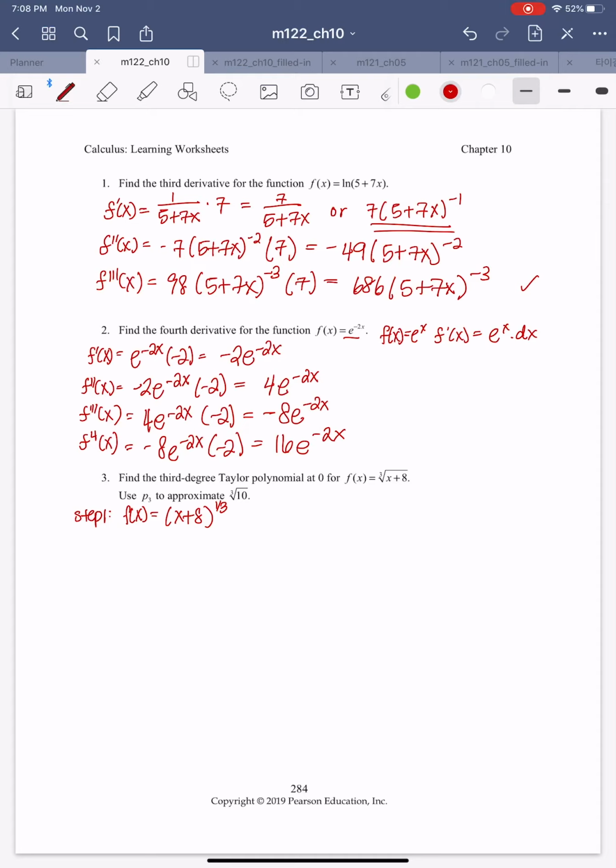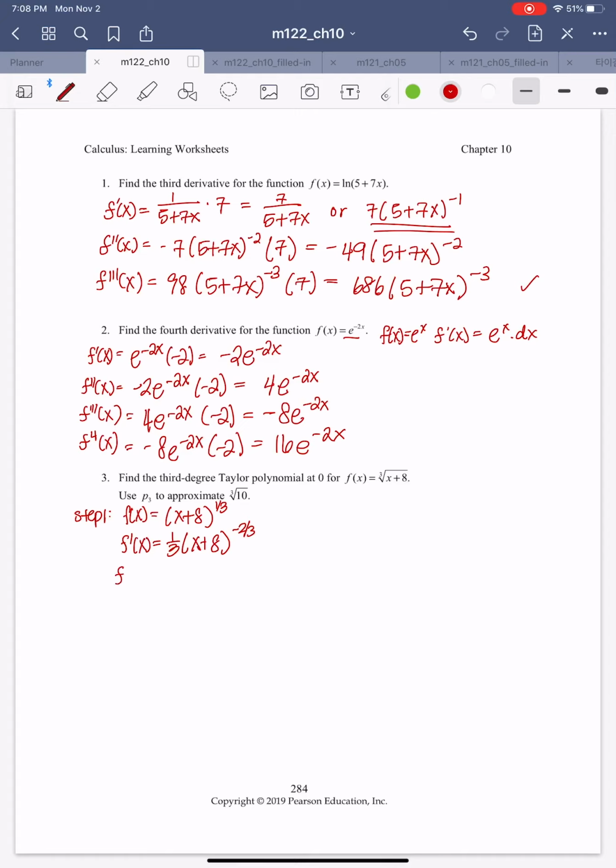Bring down the 1/3, subtract 1, and multiply by the derivative of x plus 8, chain rule. So the first derivative is 1/3 times x plus 8 to the power 1/3 take away 1, so it will be negative 2/3.